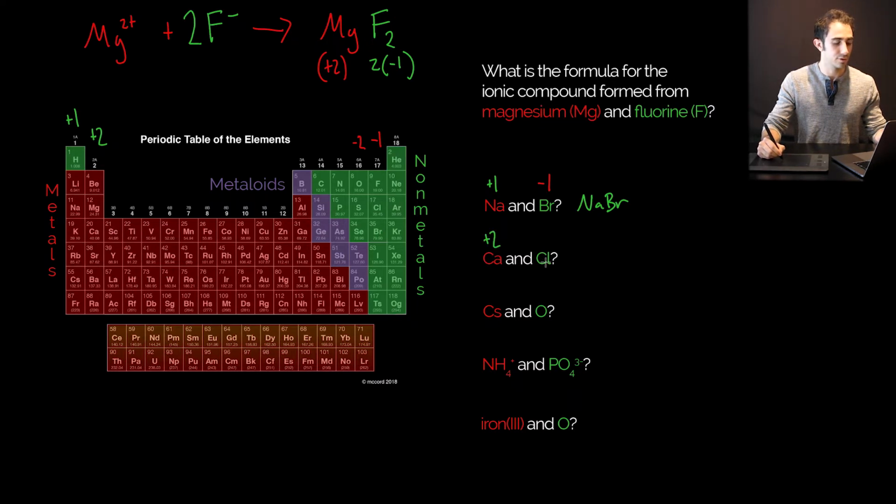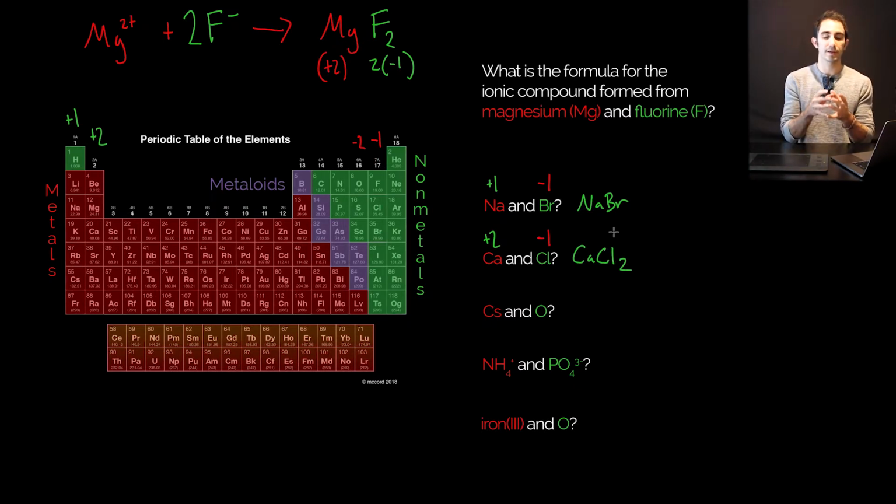And then chlorine, we're going to find it in 7A, so that's going to be a -1. In order to get that charge balance, just like we did for magnesium fluoride, we need CaCl2. We multiplied the chlorine by 2 in order to get 2 negative charge to balance out with the calcium.